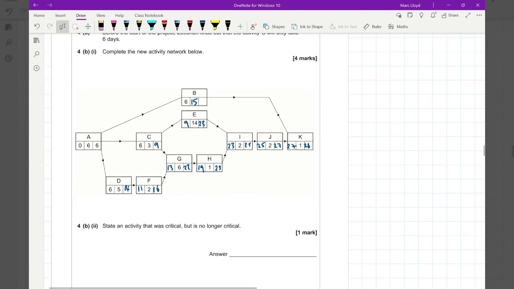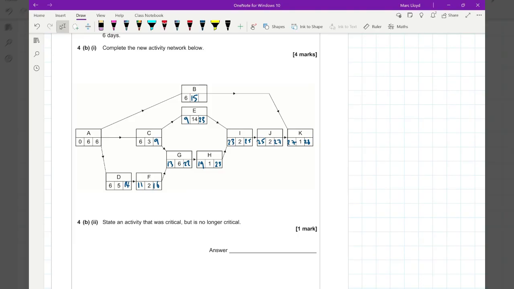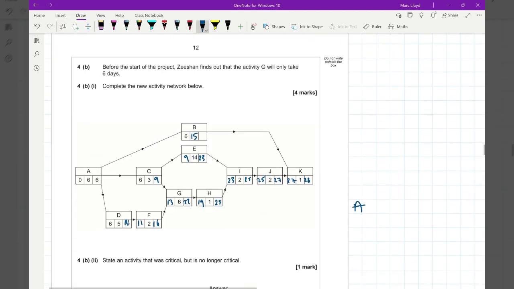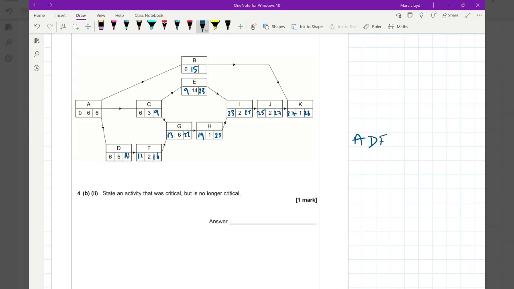State an activity that was critical but is no longer critical. So from here we had, I want to just get this from here. A, D, F, G, H, I, J, K. They were all critical. A is still critical.